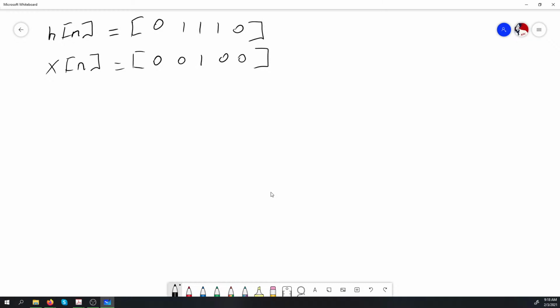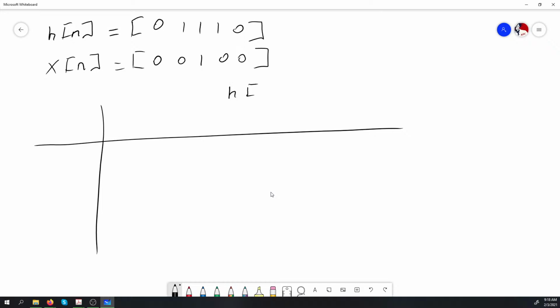So I'm going to draw my table, and label my h of n sequence on top, and my x of n sequence on the left hand side. Our h of n sequence was 0, 1, 1, 1, 0, and our x of n sequence was 0, 0, 1, 0, 0.